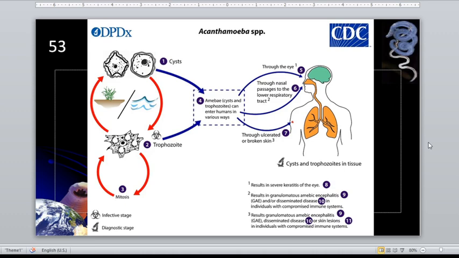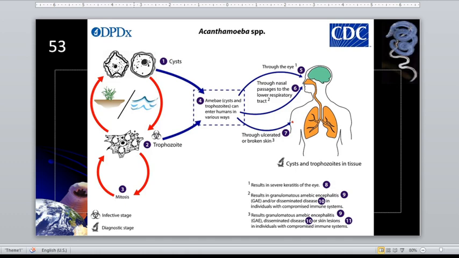Acanthamoeba has two stages. We have the cyst stage, which can excyst to form trophozoites in the life cycle, and it lacks a flagellate stage. Why do we say that it lacks a flagellate stage?